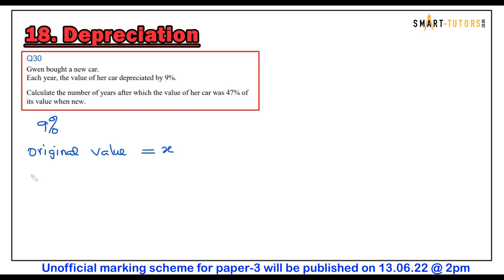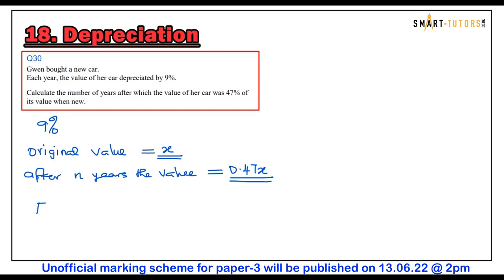So after n years, the value they already given is 47% of the original value, 0.47x. So this is the original value x, and after several years the value is dropped to 0.47x.